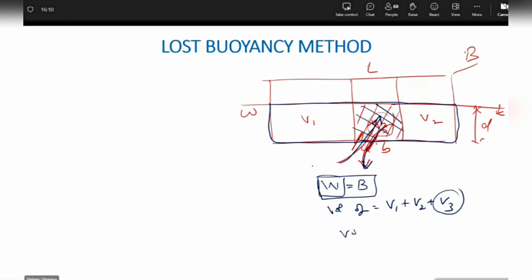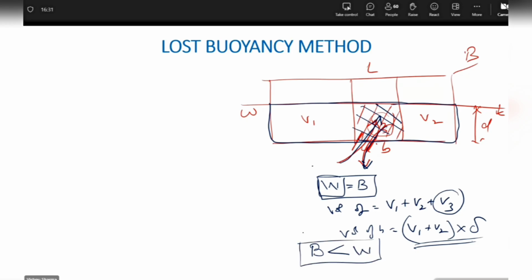Now the volume of buoyancy is reduced to V1 plus V2. And when I multiply it with the density of the seawater, this buoyancy will fall short of displacement. What will happen? The buoyancy will fall short of displacement.